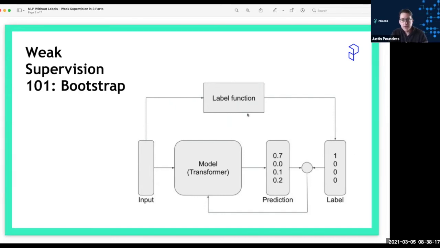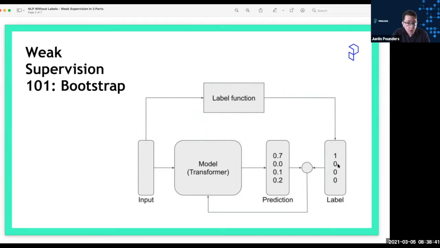If it finds another variant of that language, maybe it gives it a class label of 2 or 3 or 4. The idea here, though, is that this is not very sophisticated. We're using language that, in this case, the lawyer was already looking for, and we're simply writing a simple lookup. If this sentence has that language, let's give it a label of 1, 2, 3, or 4, however it applies.